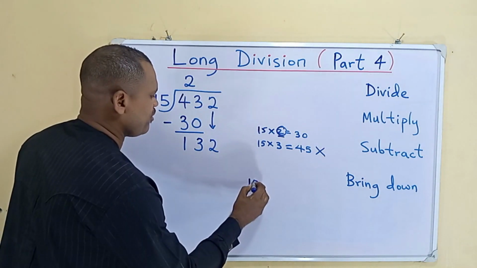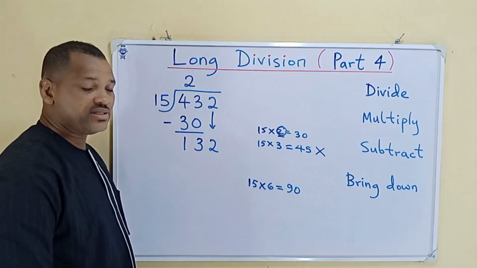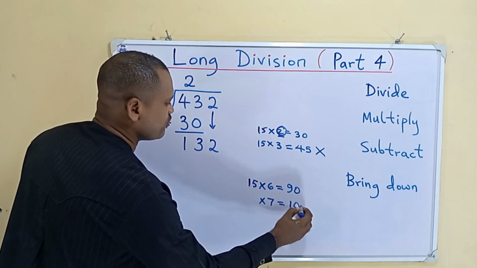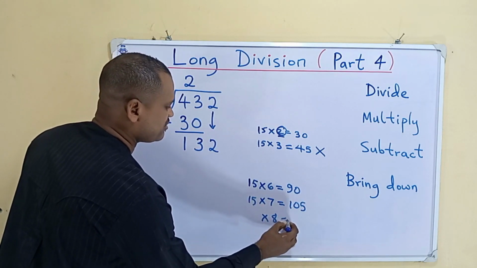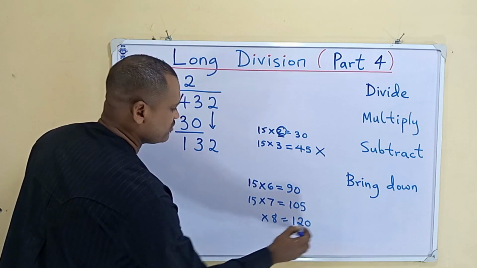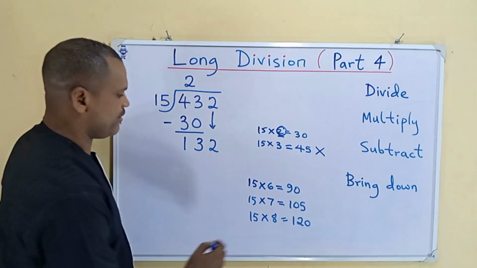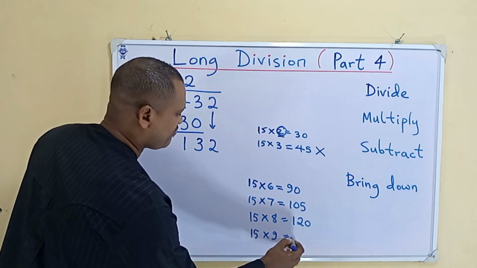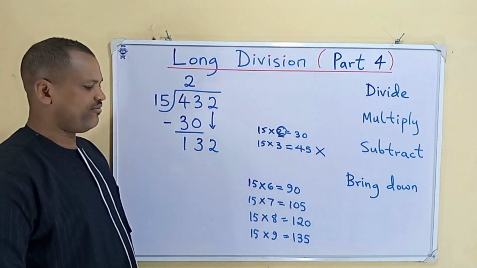We know that 15 times 6 will give us 90, times 7 will give us 105, times 8 will give us 120, and times 9 will give us 135.